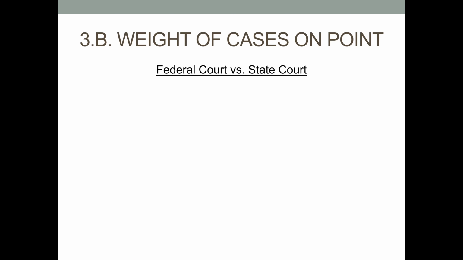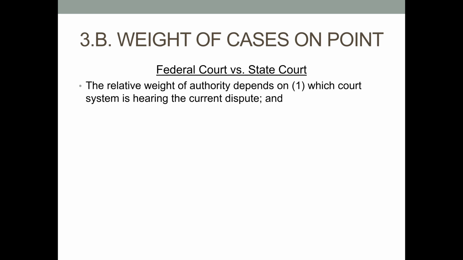Now, here's another distinction that potentially may crop up, and that is whether the precedent was decided by a federal court or instead a state court. Now, whether a federal court opinion will carry greater weight than a state court opinion or vice versa will depend on two factors.